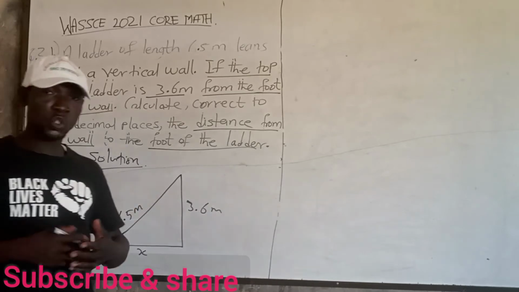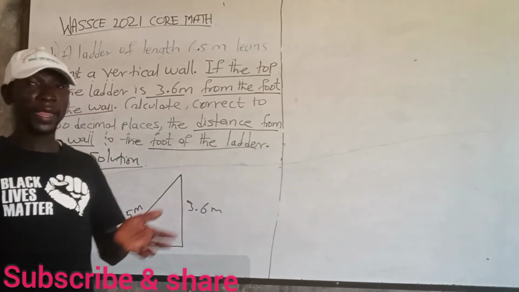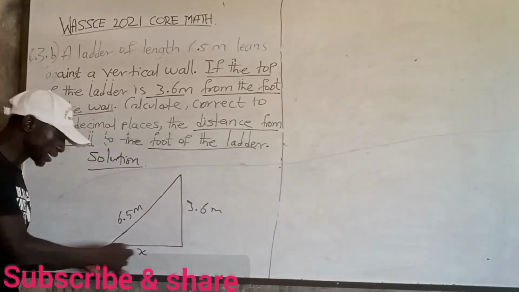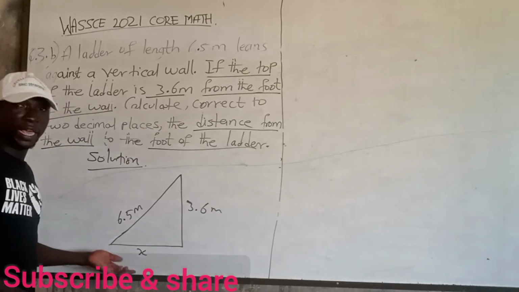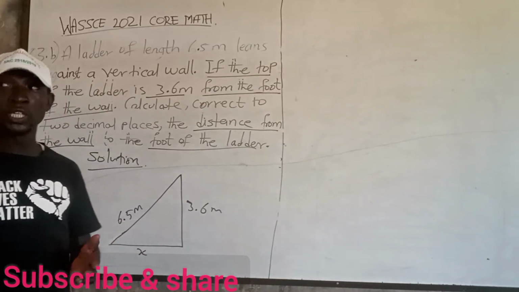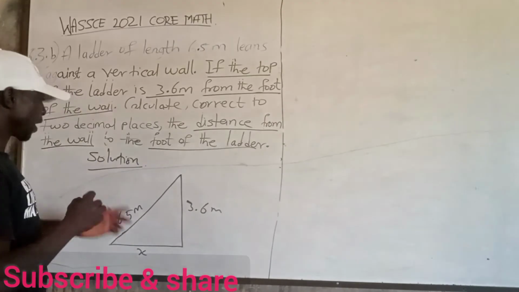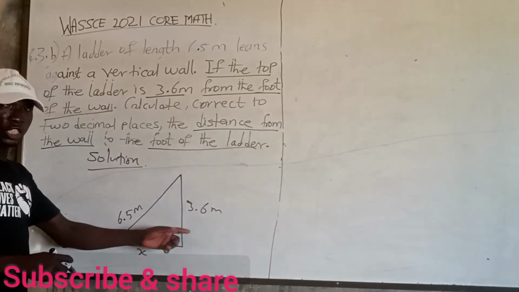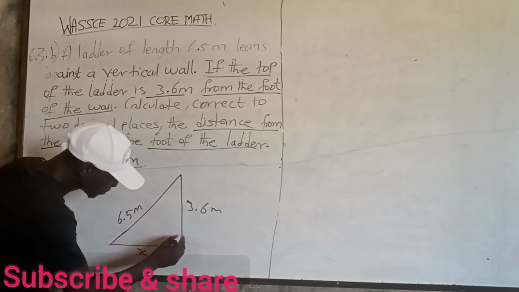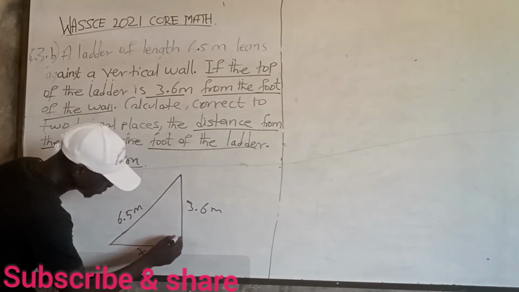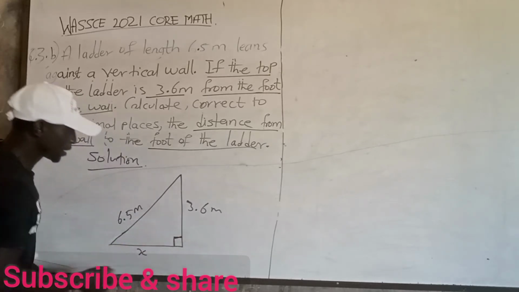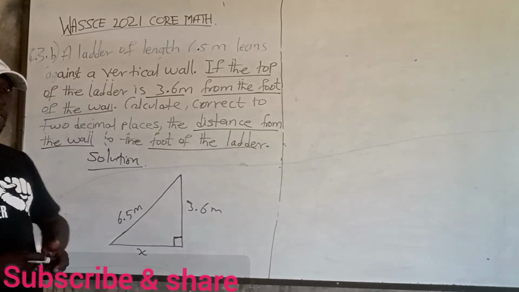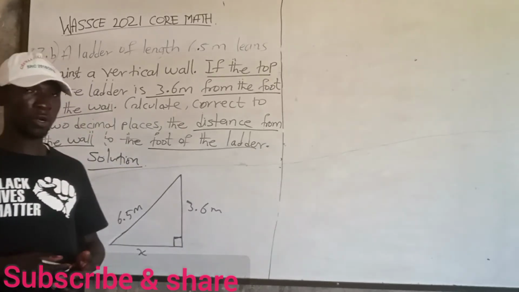But let's do it the other way, by representing this side with a variable. That's x, the unknown length. So this is now Pythagoras theorem. The angle here is 90, so it's going to be a Pythagoras theorem.